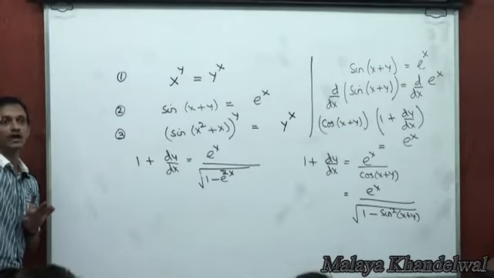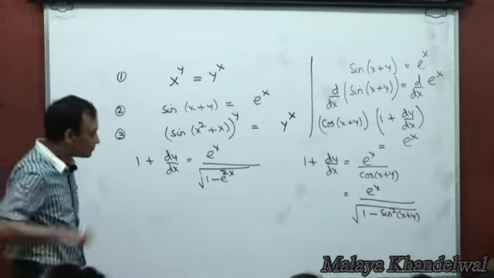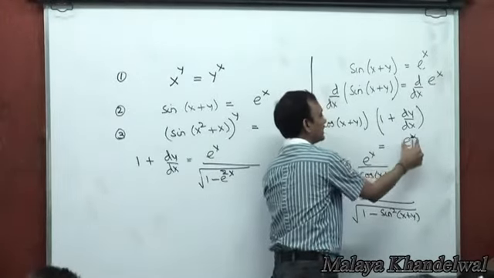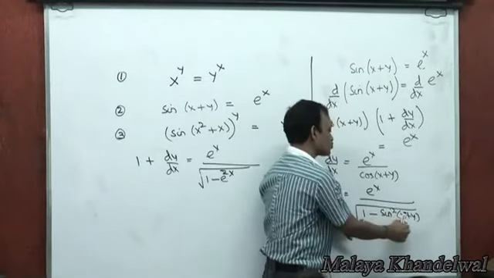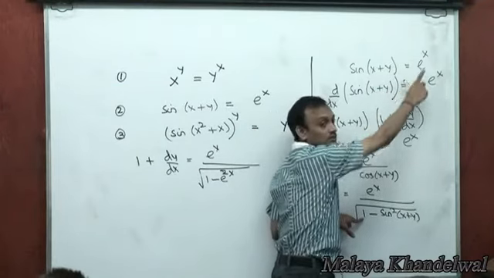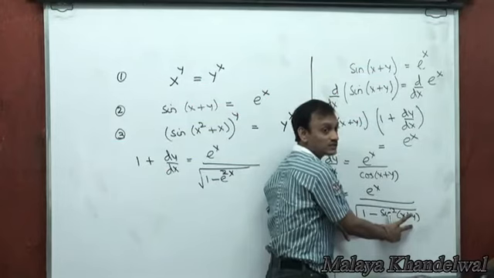Any confusion? Anyone? Yes. Did you understand this? Then 1 plus dy/dx is e power x divided by cos(x plus y). Now cos(x plus y) is root of 1 minus sine squared (x plus y). But what is sine(x plus y)? e power x. So this is (e power x) whole squared. But (e power x) whole squared is e power 2x.